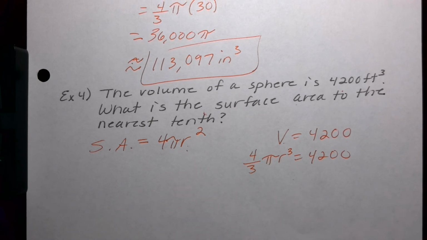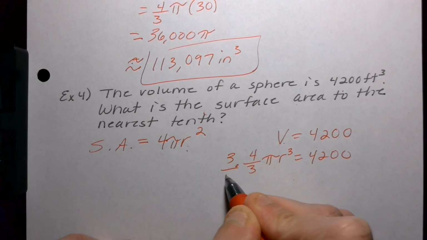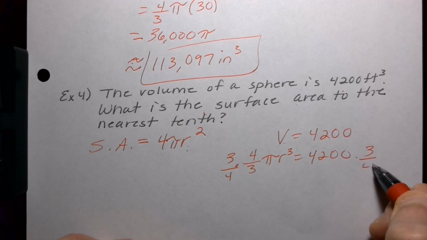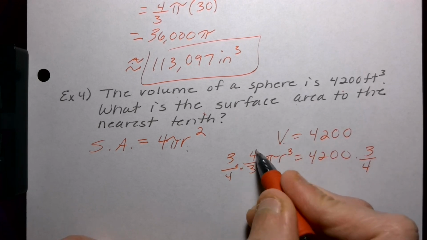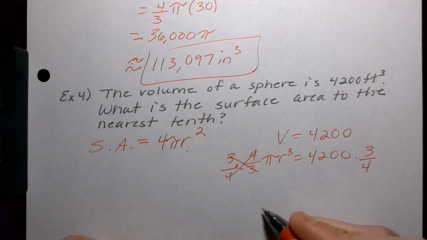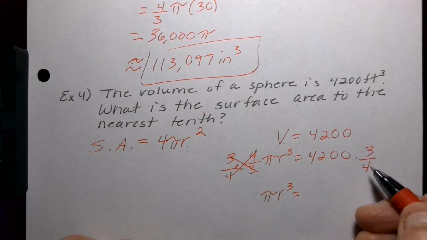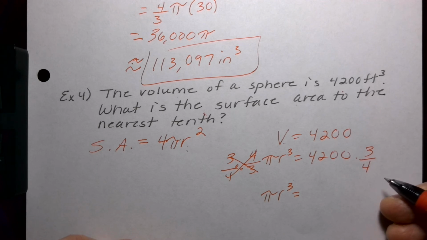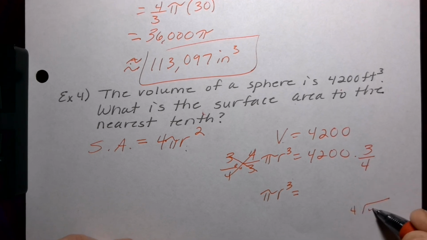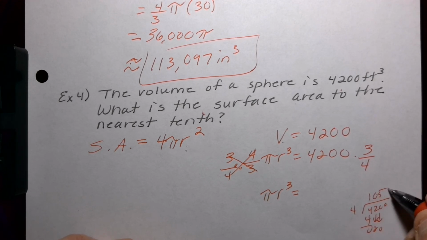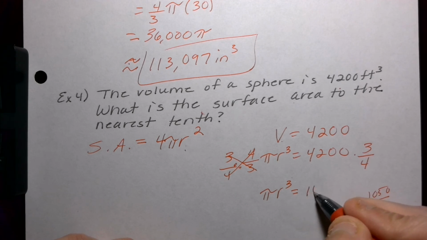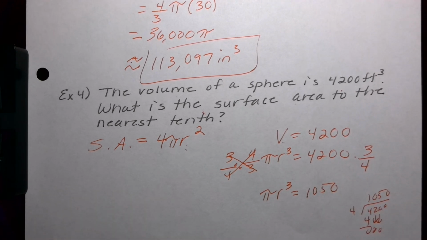Okay, don't panic. Get rid of this first. Get rid of the fraction by multiplying by the reciprocal. Okay, so we have pi r cubed equals, that's got to come out even. 4 into 4,200, doesn't it? 1, 0, 5, 0. 1,050. Is that right? Yeah, that's right.